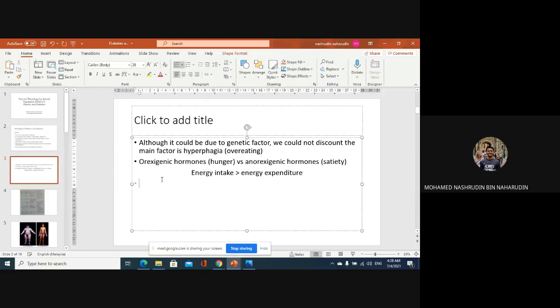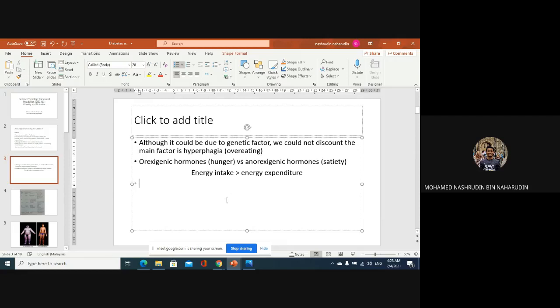So for those who have hyperphagia, they have a lack in their secretion of anorexigenic hormones, which are satiety or hunger suppression hormones, and they have a high level of orexigenic hormones, or hunger hormones, that make them hungry.